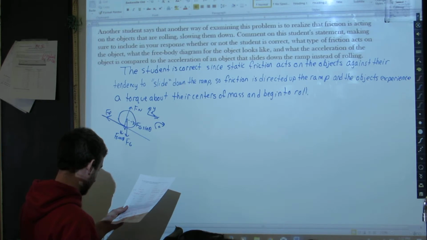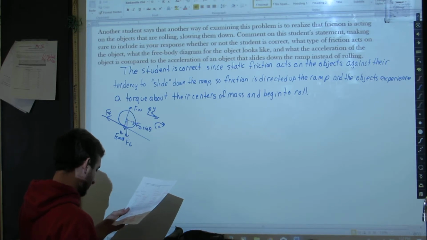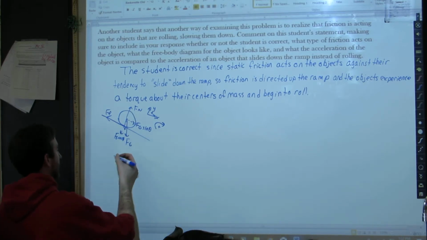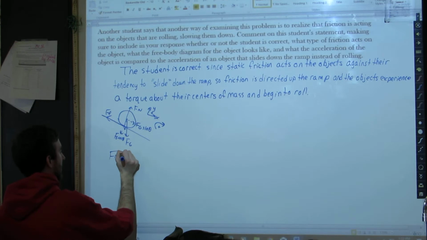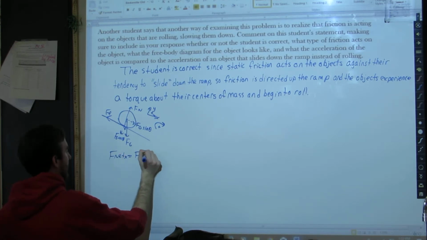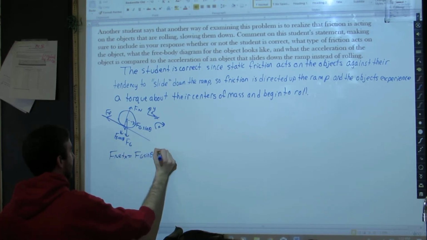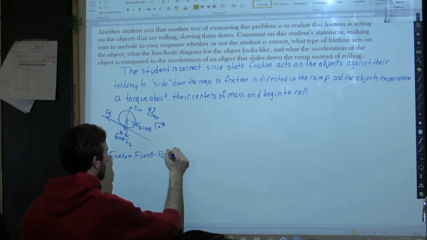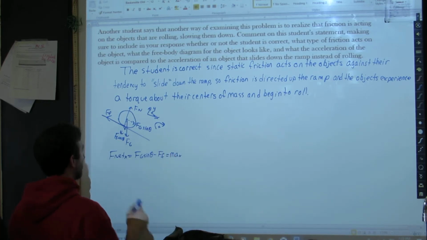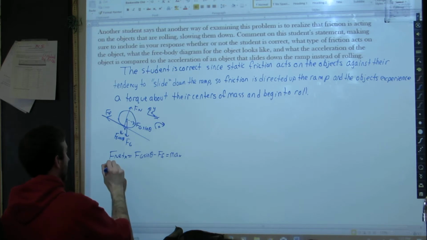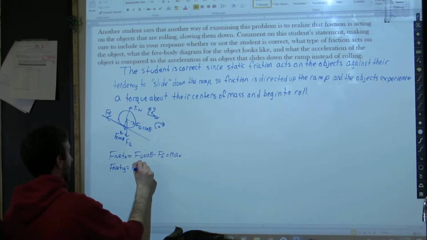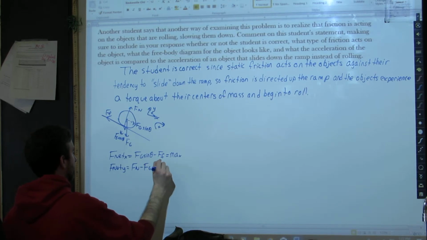Actually, do we even know the net force? I don't have one written down here. Okay, we'll do one anyway. F net x equals Fg sine theta minus the force of friction equals max, the linear acceleration down the ramp. F net y equals Fn minus Fg cosine theta.